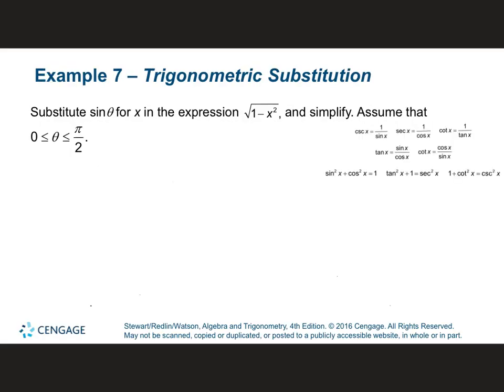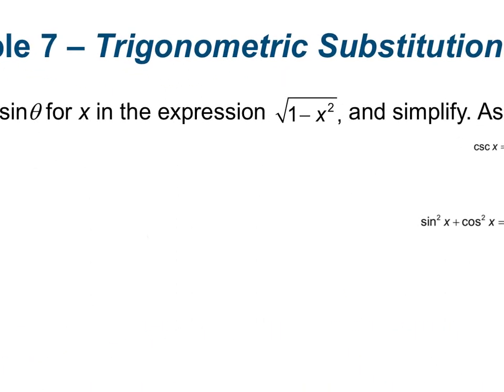For our last example for this lesson, we're told to substitute sine theta for x in the expression the square root of 1 minus x squared and simplify. If I rewrite this, I'm going to have the square root of 1 minus, we're writing in sine for x, sine theta squared.